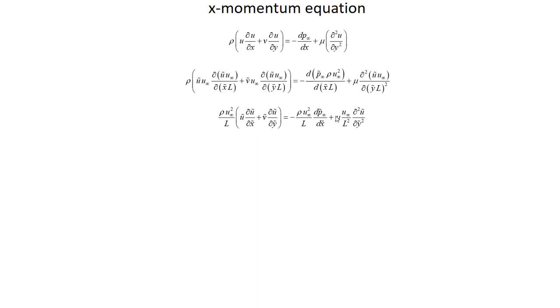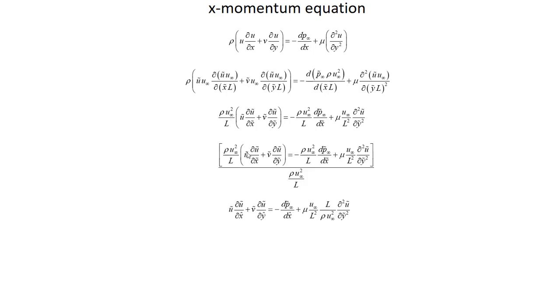So if I want a dimensionless equation, I have to divide through by one of these terms. So since I guess 3 of the 4 terms have this dimension, this scaling, I'm going to divide through by rho u infinity squared over L. Right? So that's what I did here. And what you end up with is down here, right? You have u squiggle, du squiggle, dx squiggle, v squiggle, du squiggle, dy squiggle.